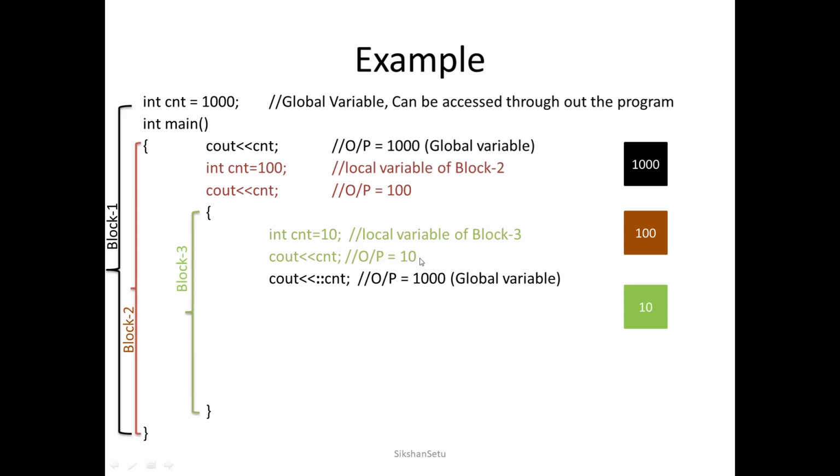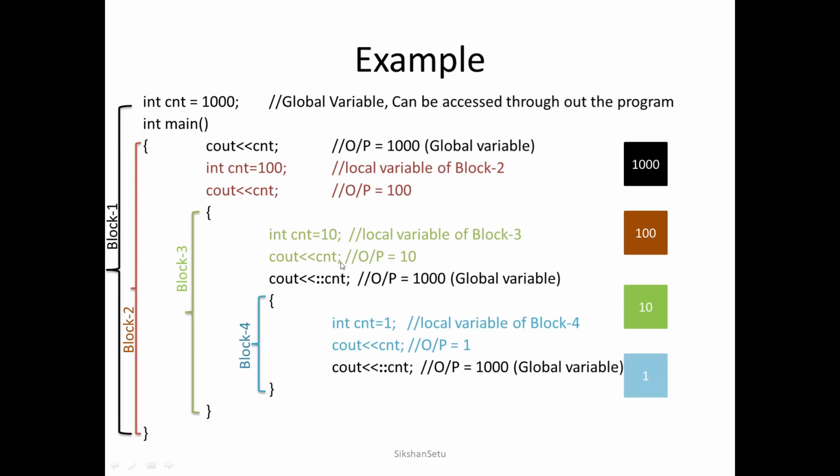So it will print 10 on the screen. But now if I want to access this global variable in the local scope or local block, I need to write the scope resolution operator and the variable name. Once I write this, it directly refers to the global variable CNT, so the answer will be 1000.